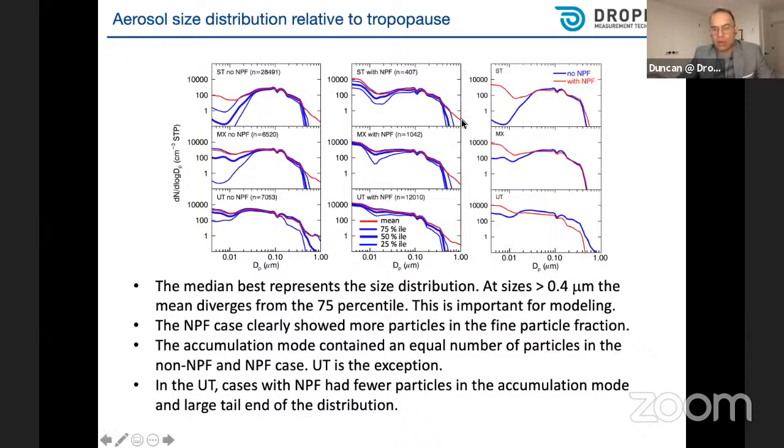And to describe this a little bit more succinctly, you can see the data now overplotted. So in the mixing layer, for example, for the size distributions with particle formation, you can see that there are many more particles in this nucleation mode when particle formation occurs compared to size distributions with no particle formation.